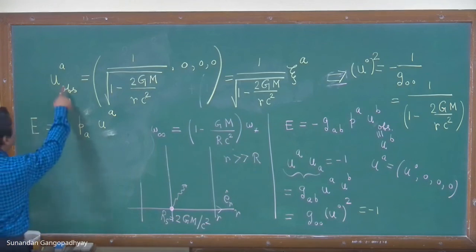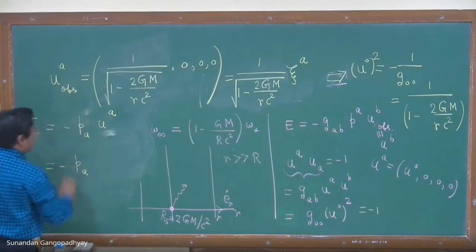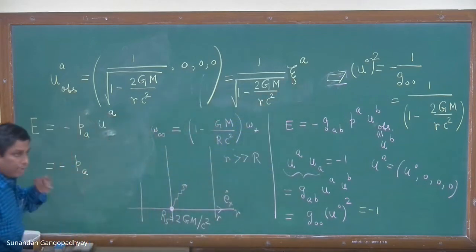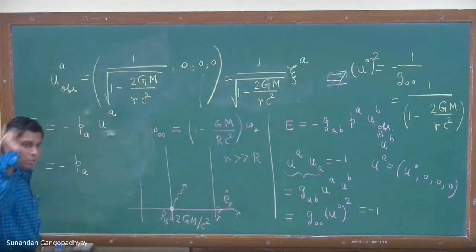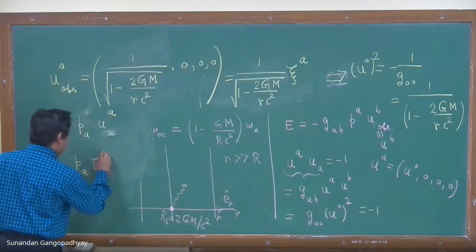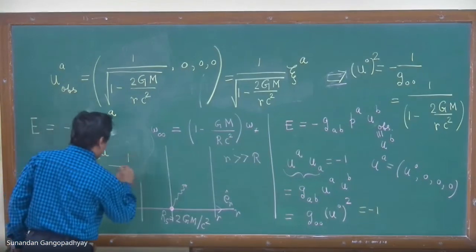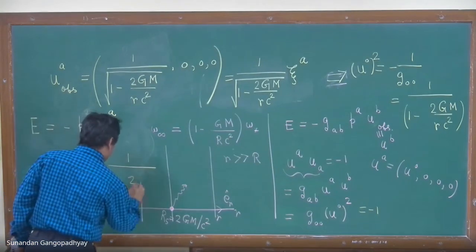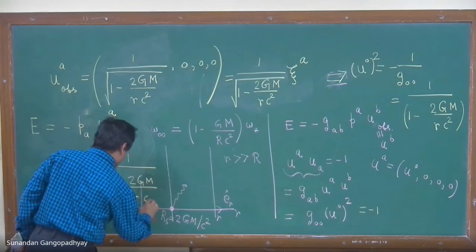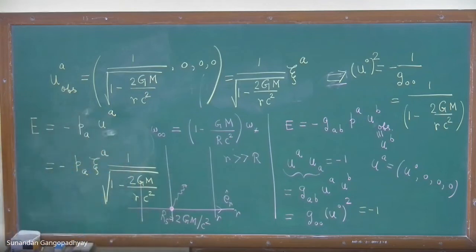But what is U^A? U^A is this multiplied by the time-like Killing vector, where xi^A is (1,0,0,0). So you can write this as xi^A multiplied by this factor.